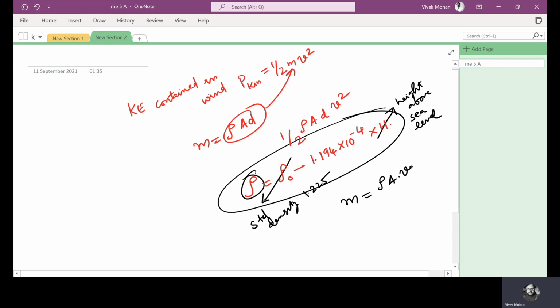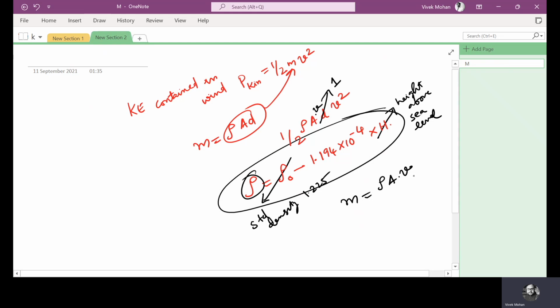So m equals rho a into v, because now we consider the wind with velocity v. Accordingly the mass flow rate will change because it hits with a larger force when the velocity is more. So the mass flow rate is more.